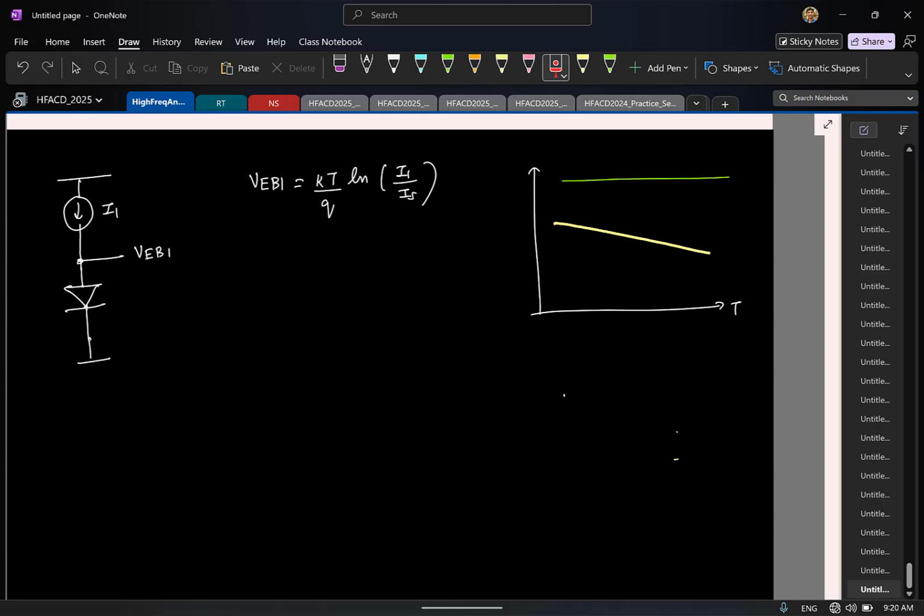If I have some other quantity that sort of increases with temperature, and if I try to match the slopes of these two and add up in an appropriate fashion, hopefully I'll get a constant voltage. Okay, that's the idea. And if you have any quantity that increases with temperature, and in particular if it's increasing linearly with temperature, it is called proportional to absolute temperature for obvious reasons.